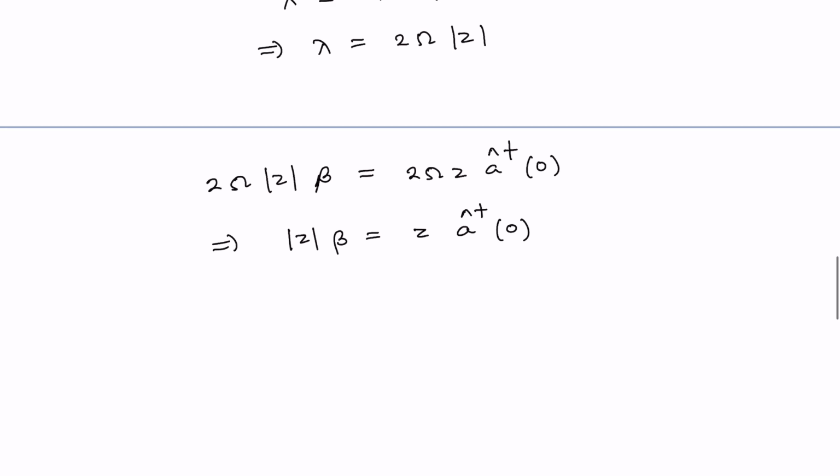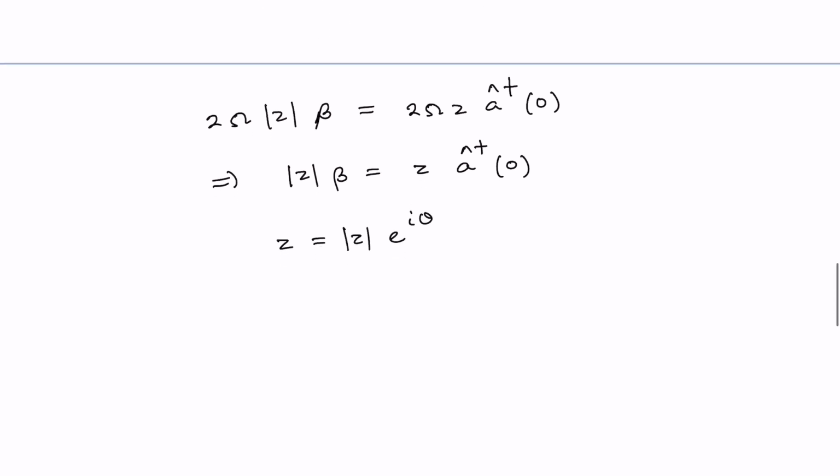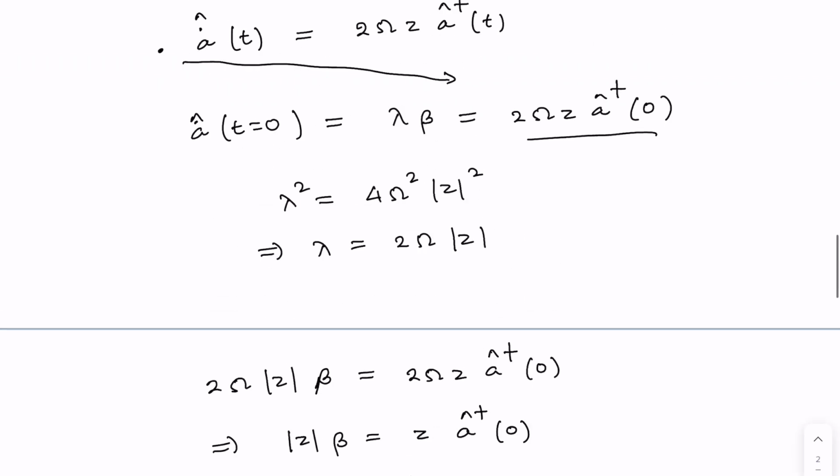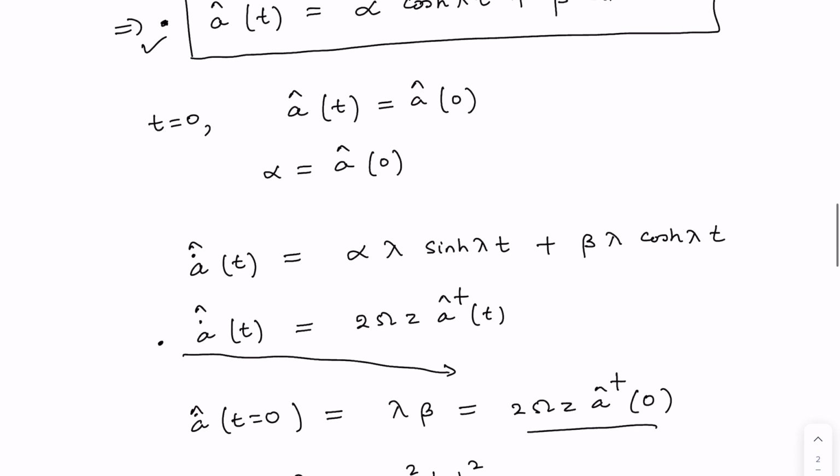Now taking z equal to mod z e to the power i theta, we can immediately see that beta is equal to e to the power i theta a dagger 0. So I got my beta, and already I have my alpha as a of 0.